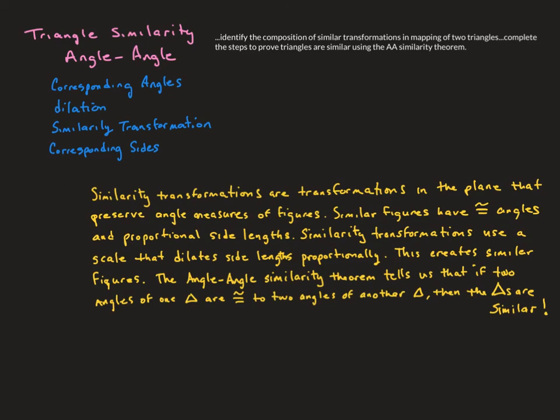And then the angle similarity theorem tells us that if two angles of one triangle are congruent to two angles of another, then the triangles are going to be similar. Remember, we only need two angles. The third one's going to be the same because we only have 180 degrees in any triangle. So as we continue with this, we will be able to identify those compositions and use the similarity, proving triangles are similar using the angle similarity theorem.